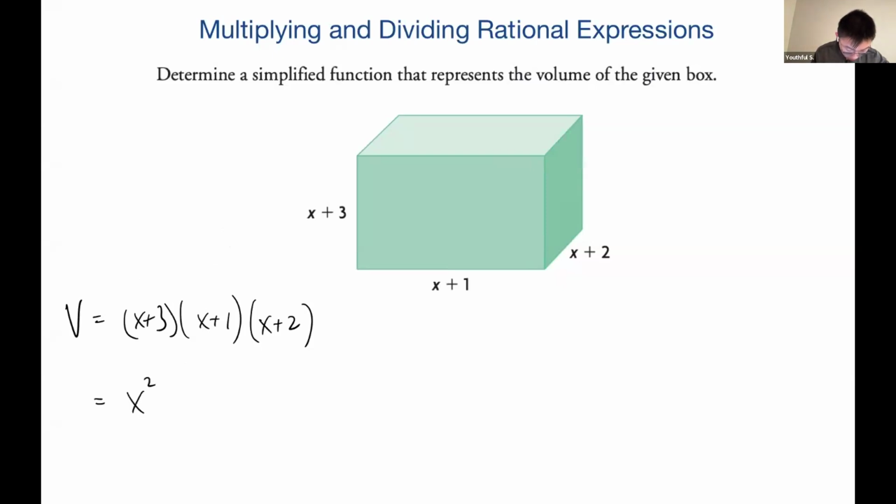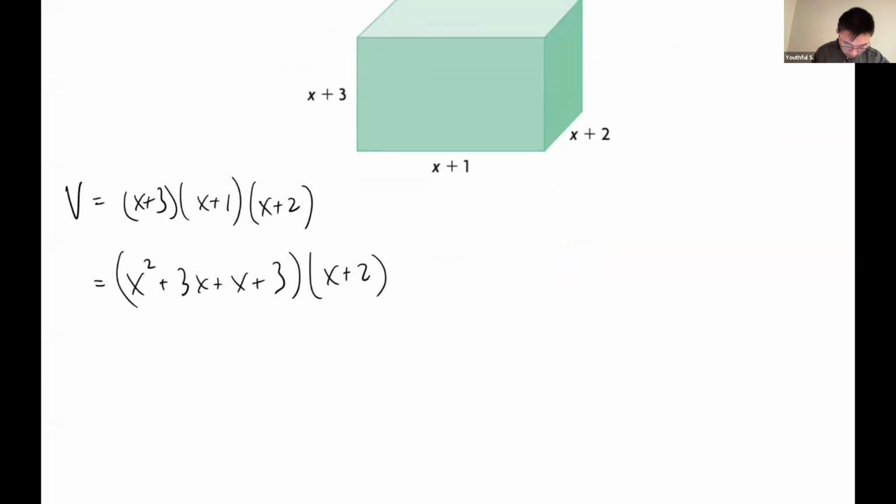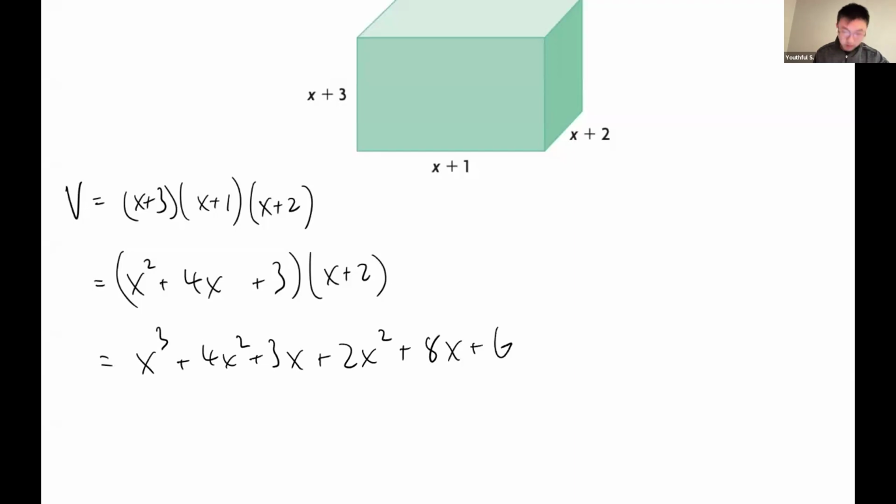So we have x squared plus 3x plus x plus 3. And then times x plus 2. I'm just going to combine this to 4x. Okay, and then this becomes x cubed plus 4x squared plus 3x plus 2x squared plus 8x plus 6.